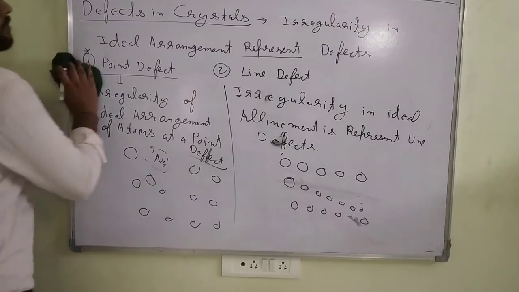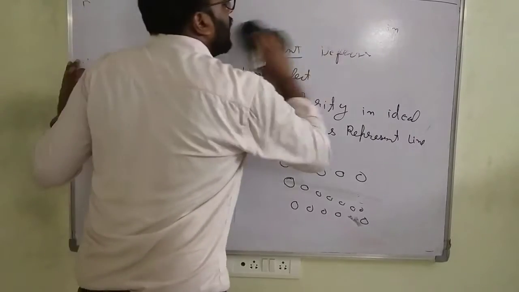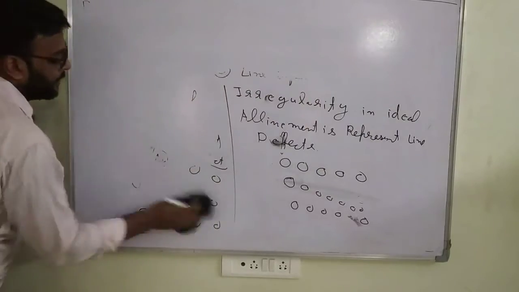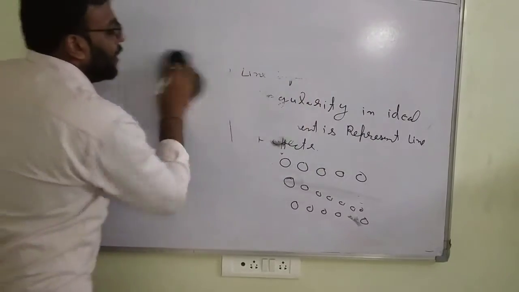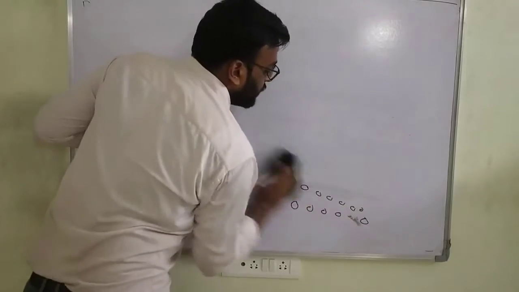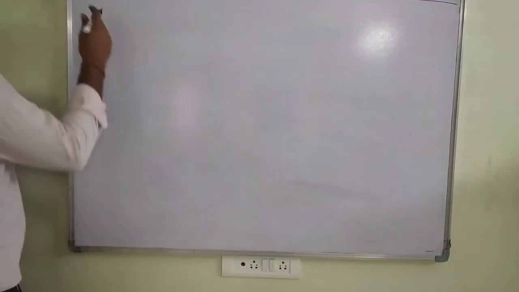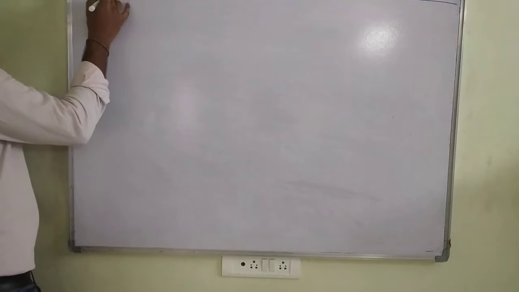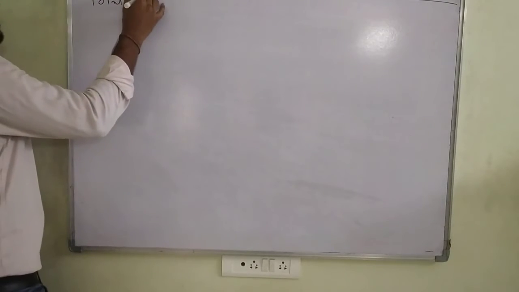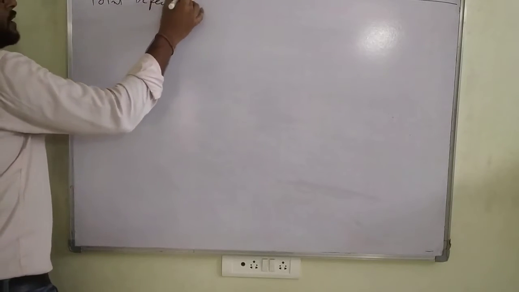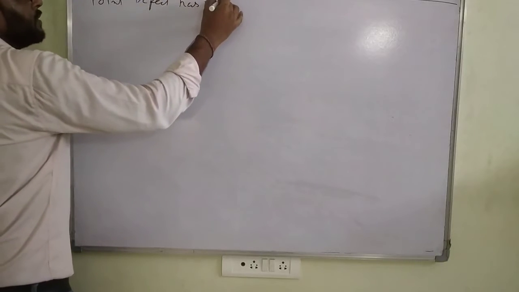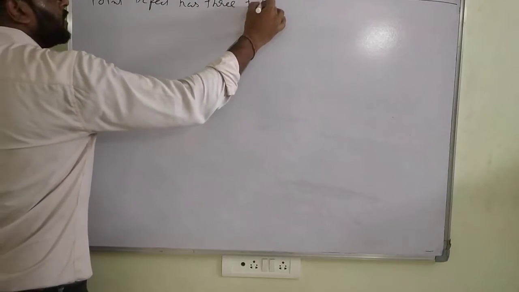Now, point defect has three types. I am explaining further its types also. First, point defect has three types.